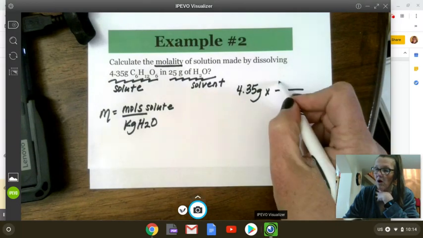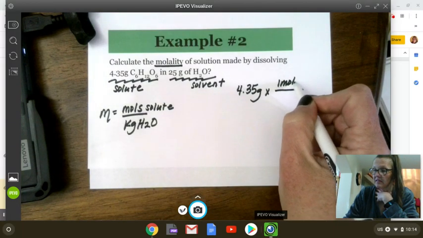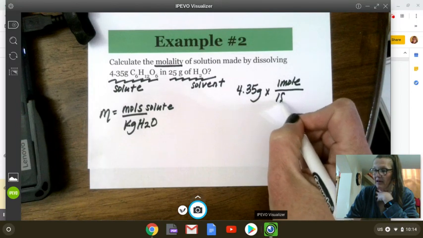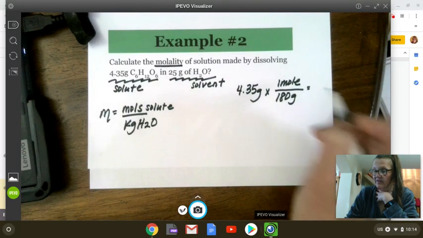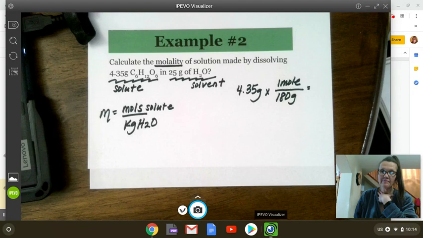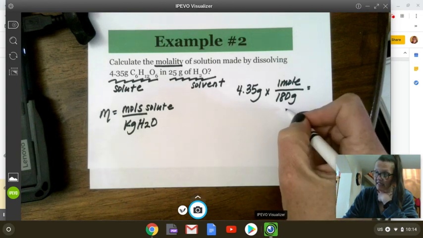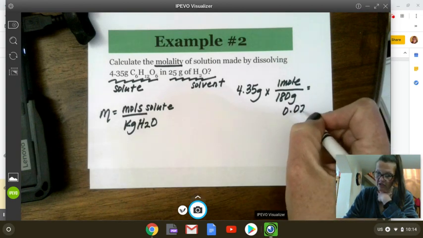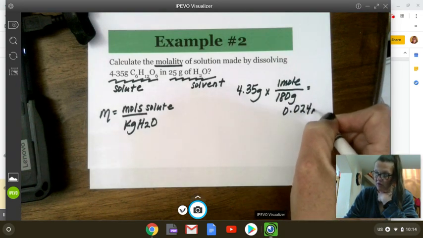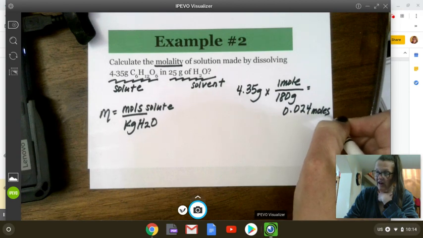So 1 mole of glucose has a molar mass of about 180 grams. There's a little bit of a decimal after there, but I'm not going to worry about it. Okay? So we do 4.35 divided by 180, and we get 0.024 moles.